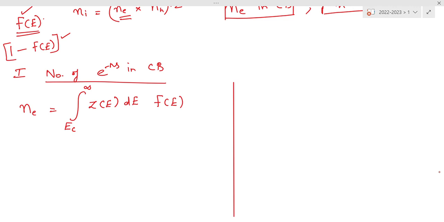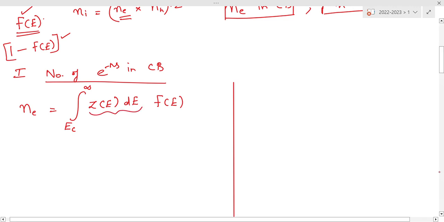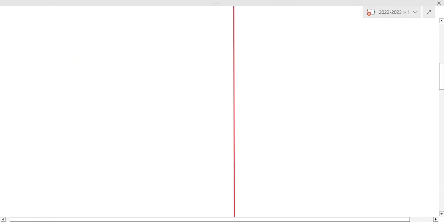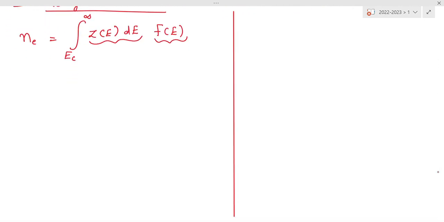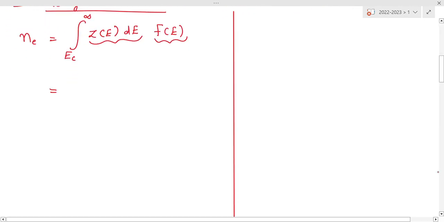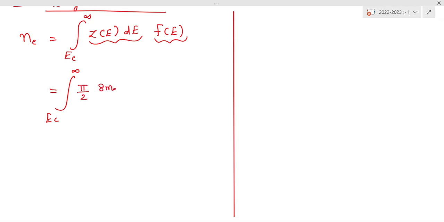So Z of E dE, it is about the density of states and it is about the probability function. We are going to substitute the expression for density of states. So integration Ec to infinity Z of E dE is pi by 2 into 8 me by h square the whole power 3 by 2 E power half dE.